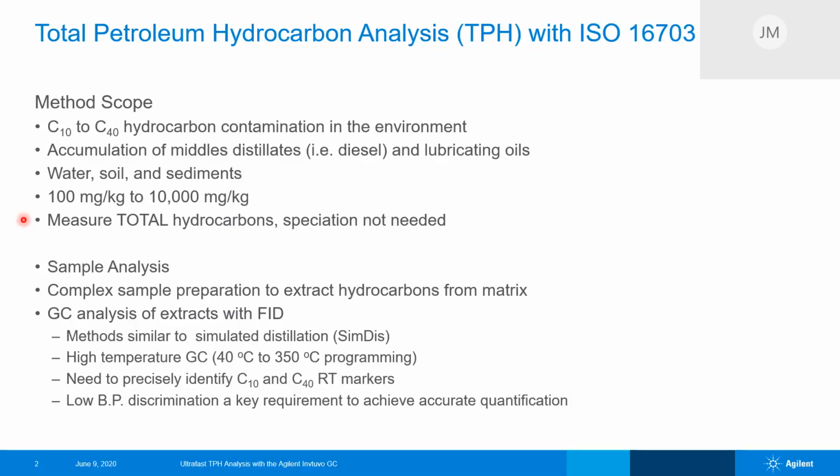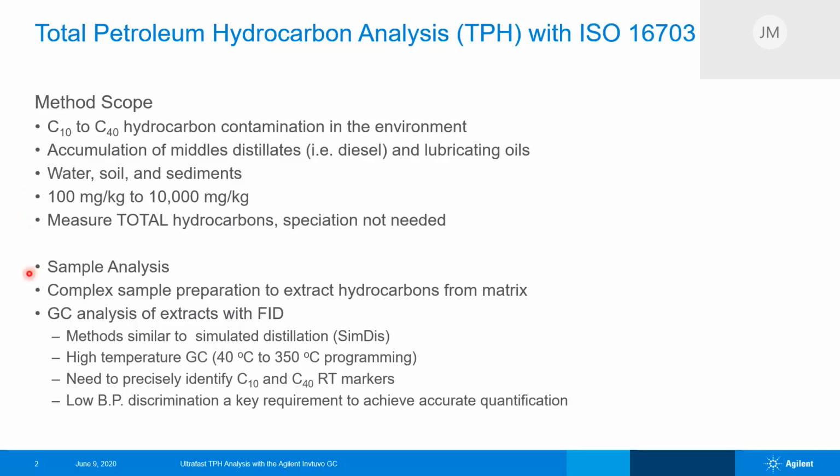We're really just getting them through the GC basically as a broad elution profile and then measuring that broad elution profile without really any regard to individual compounds. Although that's not entirely true, we do need to see two of the marker peaks, and we'll see that in later slides, the C10 and C40, which denotes where the elution profile for quantification exists.